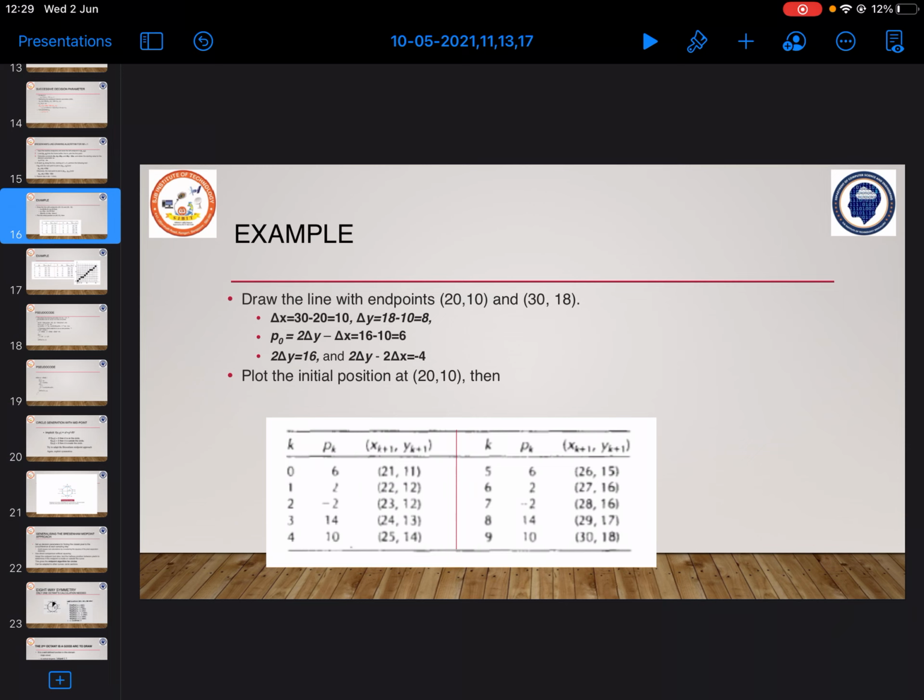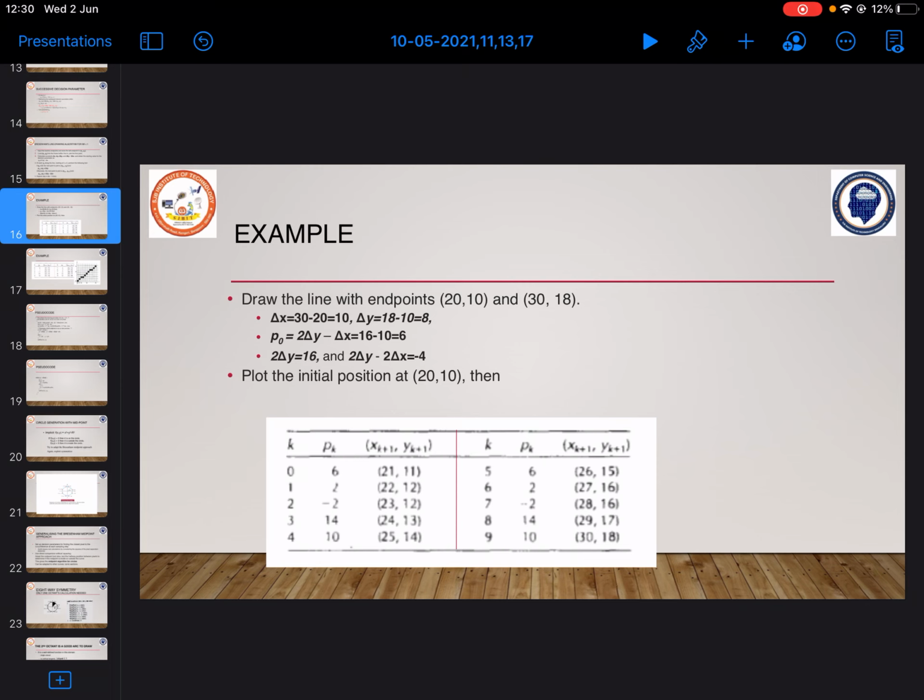Example: this is how to draw a line with endpoints (20, 10) and (30, 18). Here delta x is 10 and delta y is 8. So the initial pk, p naught, will be 6, 2 delta y is equal to 16, and 2 delta y minus 2 delta x is equal to minus 4. First we plot the initial position (20, 10).